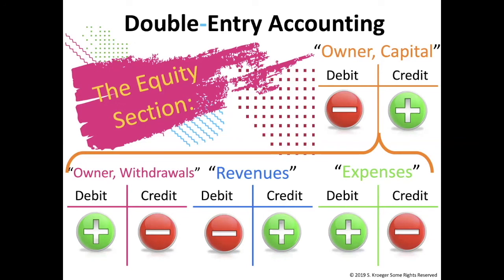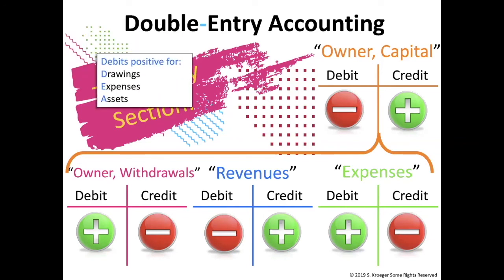It is very important to have these two slides memorized. There's a great mnemonic I found that helps with the memorization of the normal balances. It is the word DEALER, D-E-A-L-E-R. Split in half. The DEA stands for drawings, which means withdrawals, expenses, and assets.